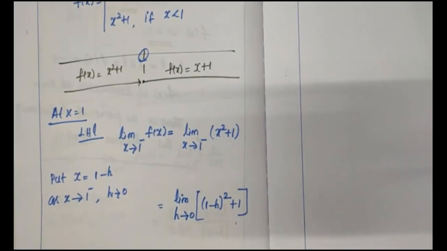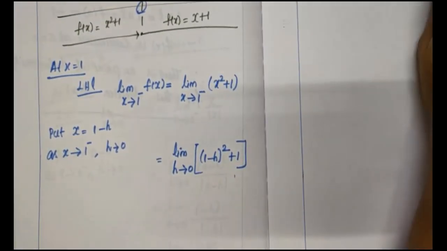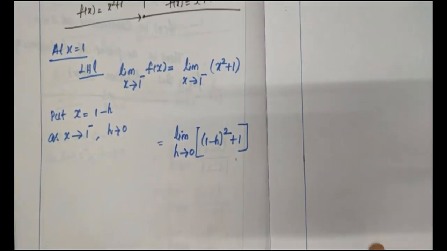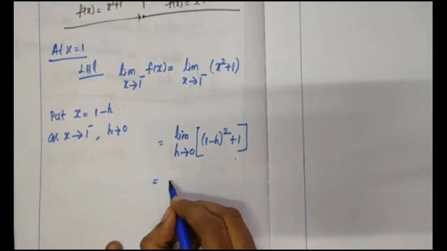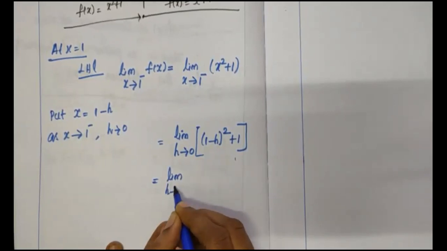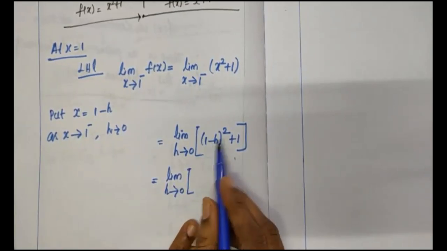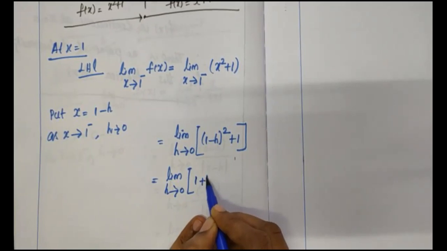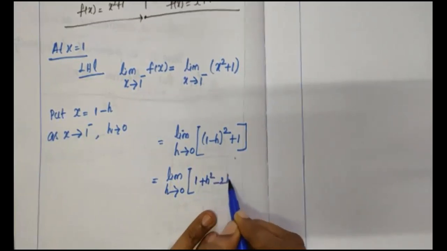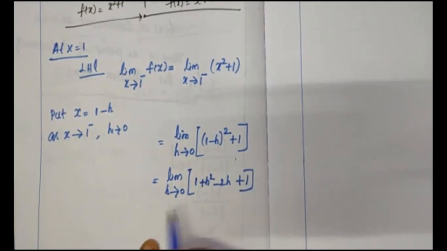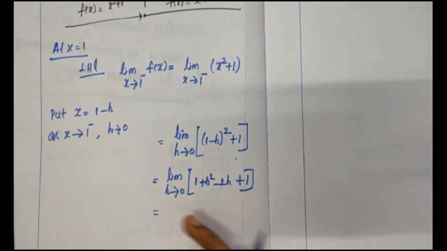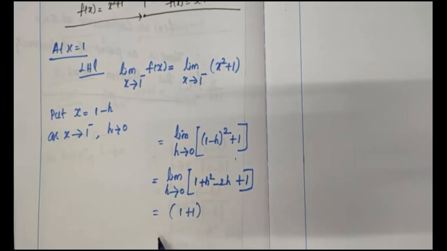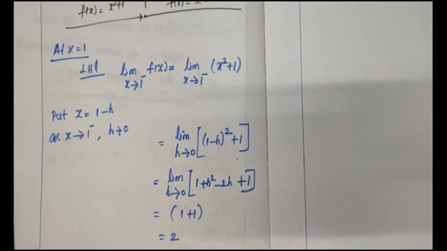First I must simplify the bracket. This equals limit h tends to 0, a minus b the whole square, a square plus b square minus 2ab, plus 1. Substitute 0 for h. Second term 0, third term 0. The remaining is 1 plus 1, which equals 2. So the left hand limit value is 2.